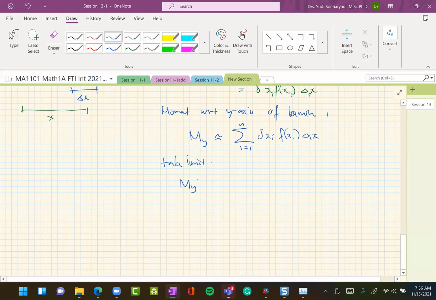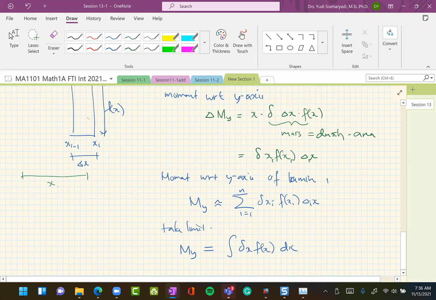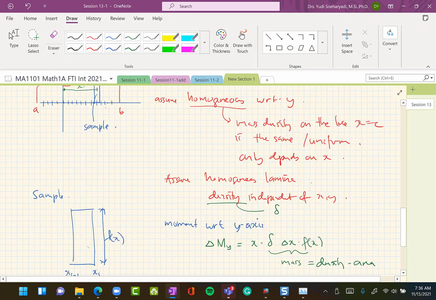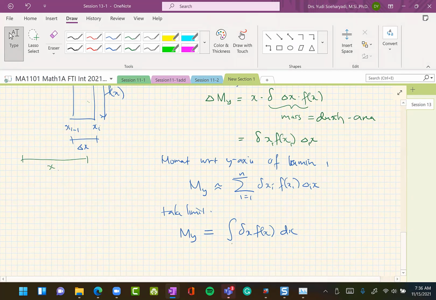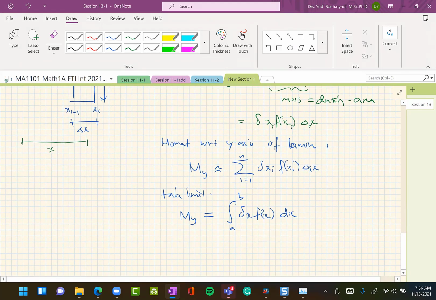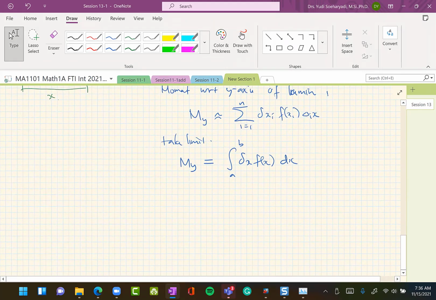This moment is the limit of the Riemann sum, that is the integral of delta x f of x dx from, in our example, a to b. That's what we call M_y, the moment.